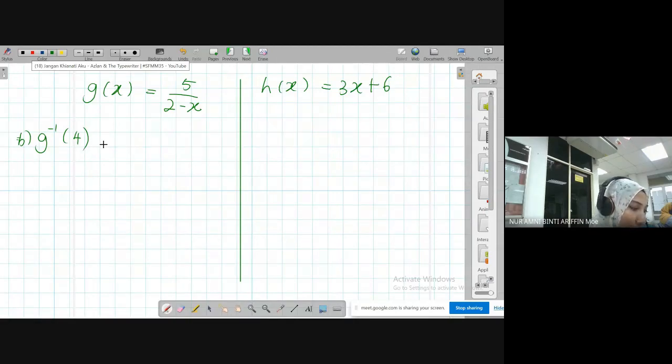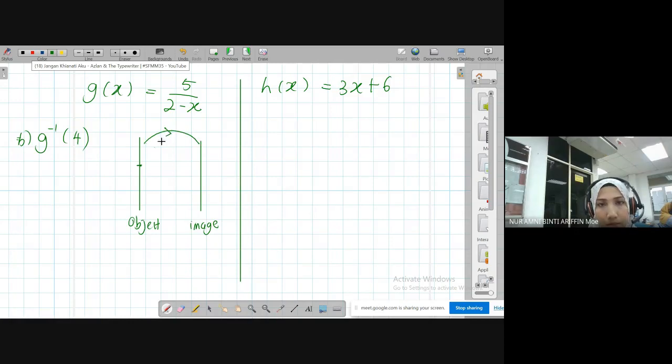Page 21, number 2B. Two B and 2D. Boleh, Petrina?